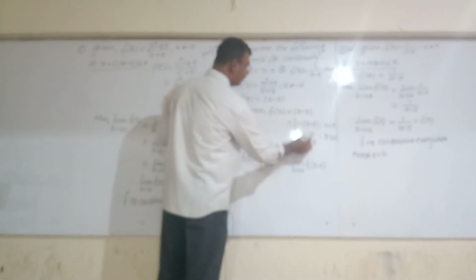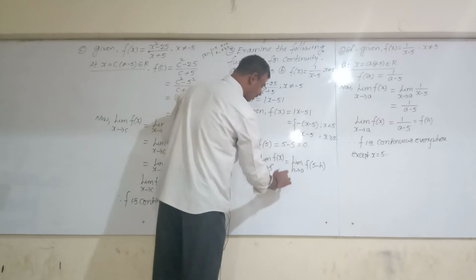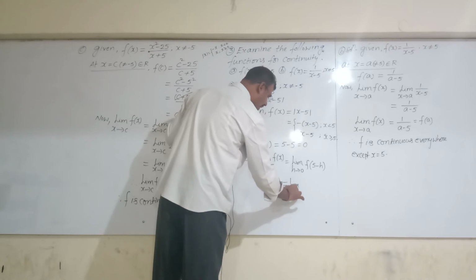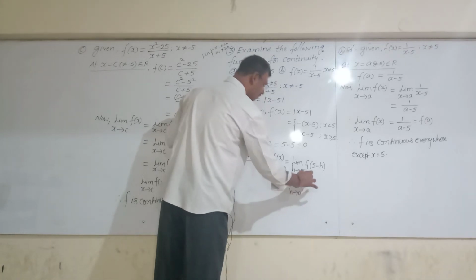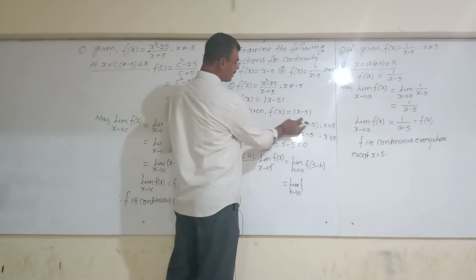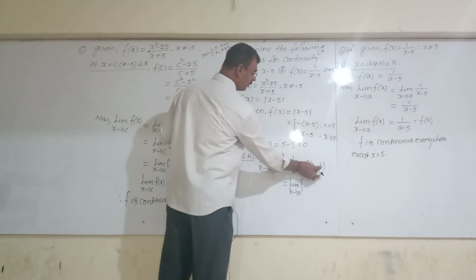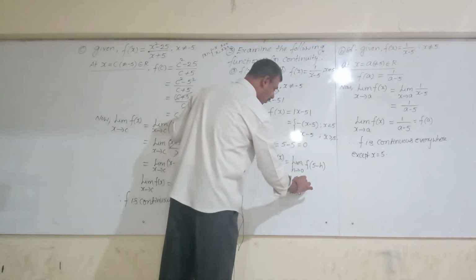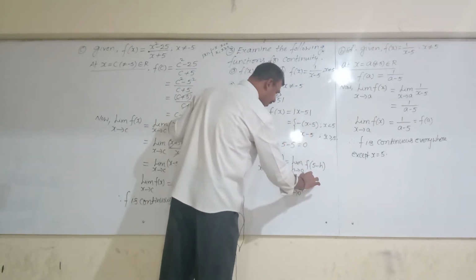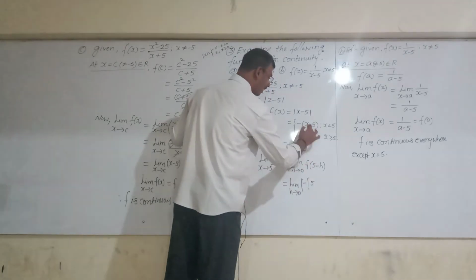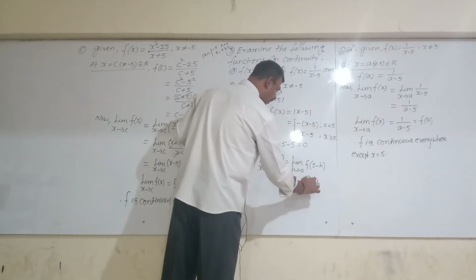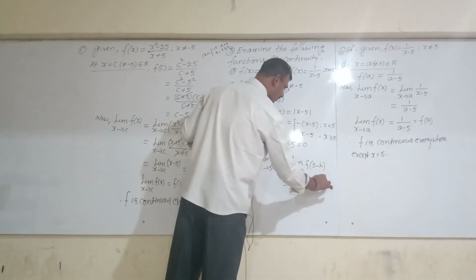So for smaller than 5, what is the function? This is equal to limit as h tends to 0. Okay, so this is the f of x value. So fill x is equal to 5 minus h here. Minus is already there: minus of 5 minus h, and already minus 5.